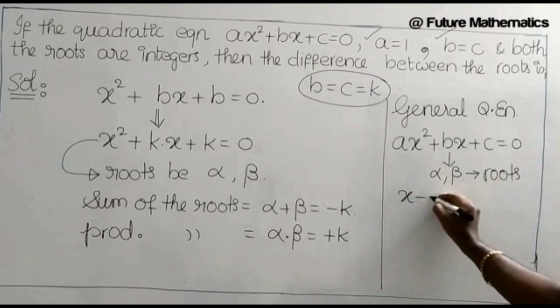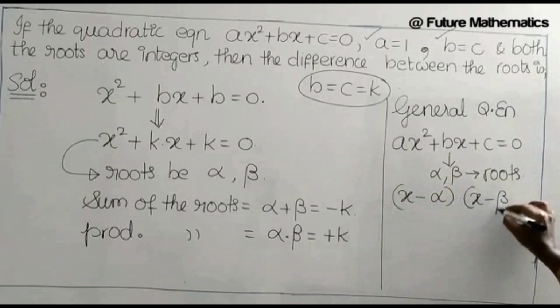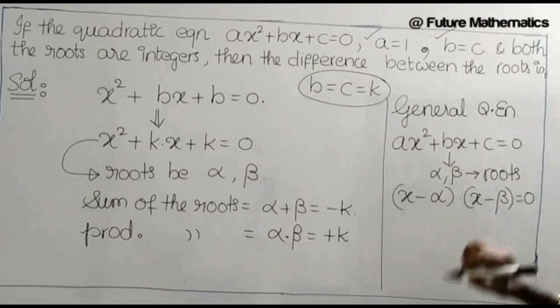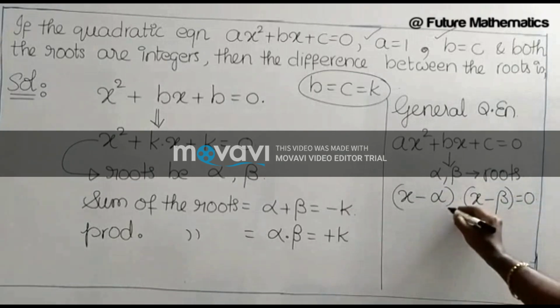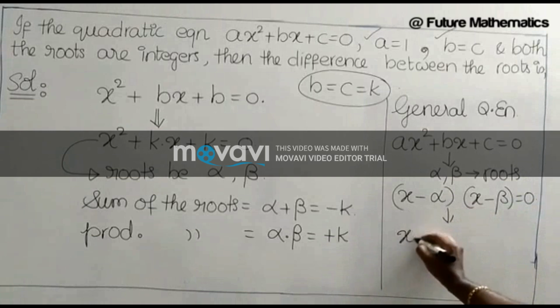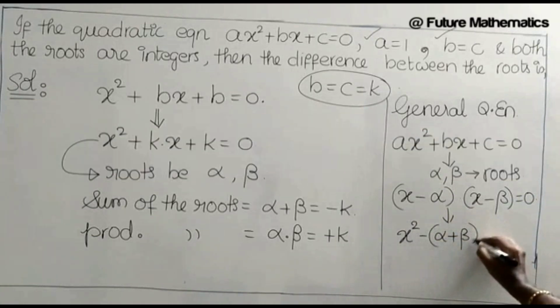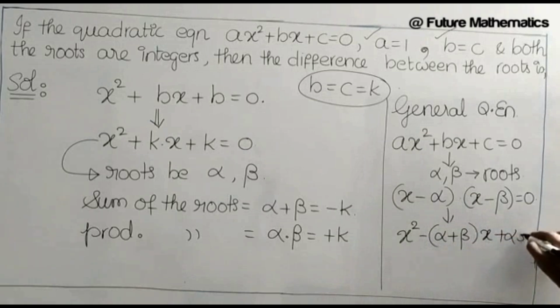In this case, you can factorize this like x minus alpha times x minus beta equal to 0, and further you can expand this, that is x squared minus alpha plus beta times x plus alpha beta equal to 0.